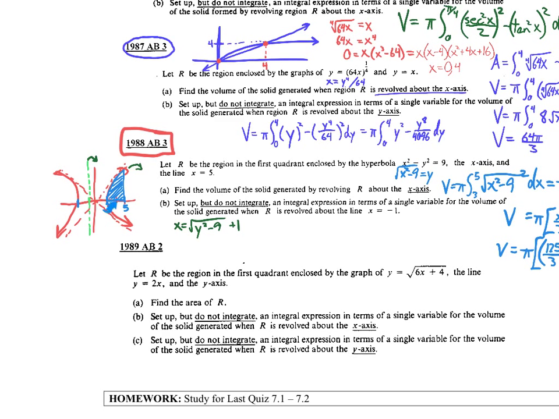But because I'm integrating with respect to y, all I need is the y coordinate, so that's the 0. So now I know my volume is going to be pi times the integral from 0 to something. Well, now I've got to figure out the y coordinate when 5 is shifted over.